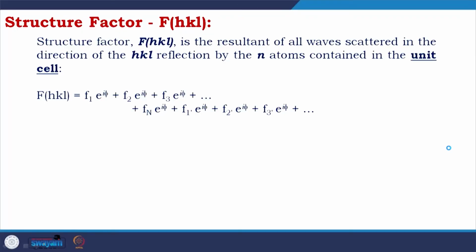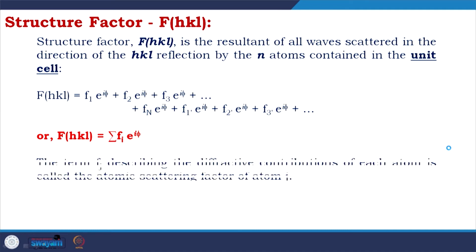So, as I was talking about F(HKL), the overall structure factor is the combination of all the small contributions from each and every atom. So, F(HKL) equals summation f_i e to the power i phi, where phi is the phase.